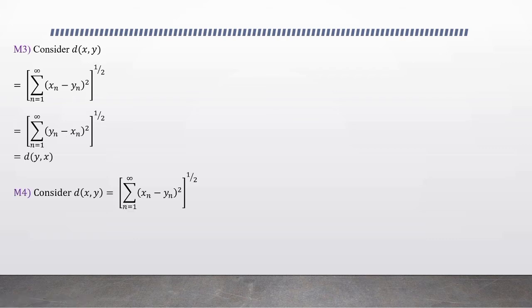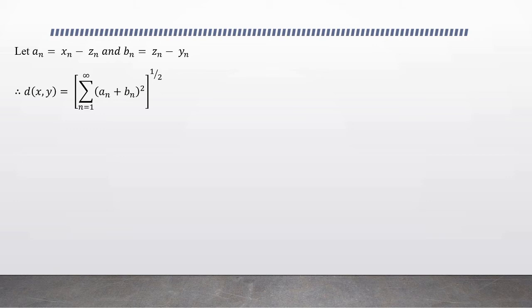Now, next, triangle inequality. So, consider d of xy, putting the value of d of xy. Now here we have to add and subtract zn. Now xn minus zn, put the value an, and zn minus yn, put the value bn. We get this value.